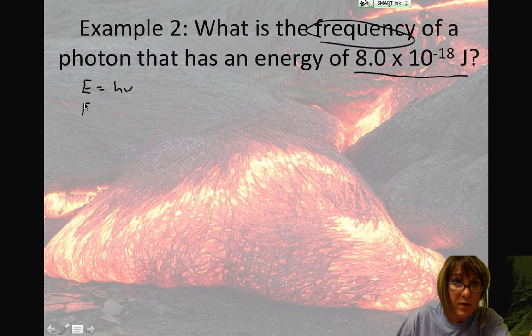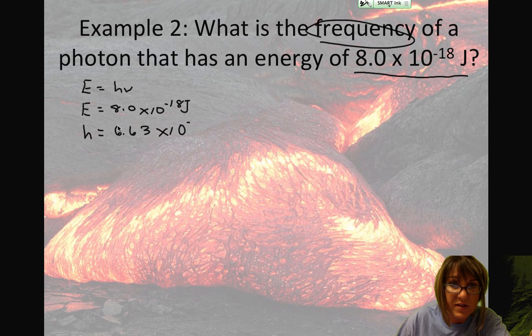Now, what do I already know? I know the value of E is 8.0 times 10 to the minus 18 joules. I know the value of Planck's constant, h is 6.63 times 10 to the minus 34 joules times seconds. And the thing that I don't know is the frequency. I'm trying to figure that out.